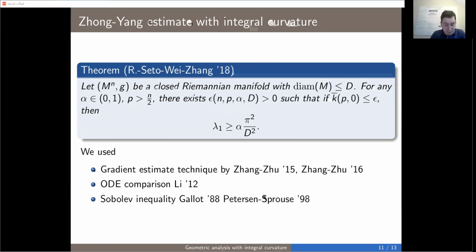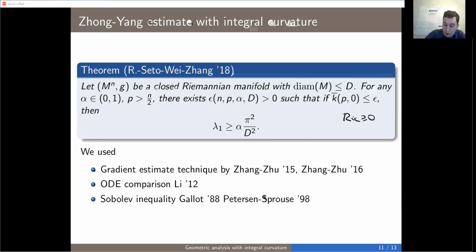So the theorem basically says the following. If you have a closed Riemannian manifold and you have a diameter bound, then for any alpha and for any p bigger than n/2, again for technical reasons, there exists an epsilon such that if the amount by which the inequality Ricci non-negative is failing is small enough, then lambda 1 is bigger or equal than alpha pi squared over d squared.